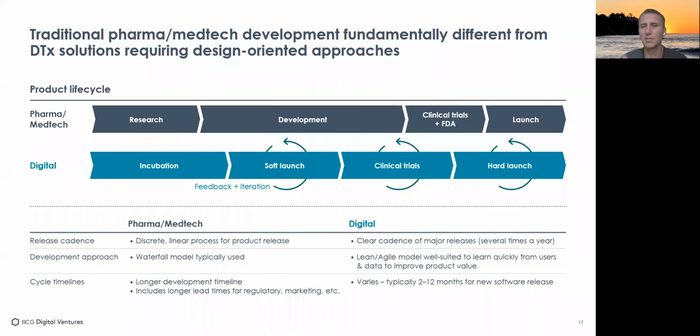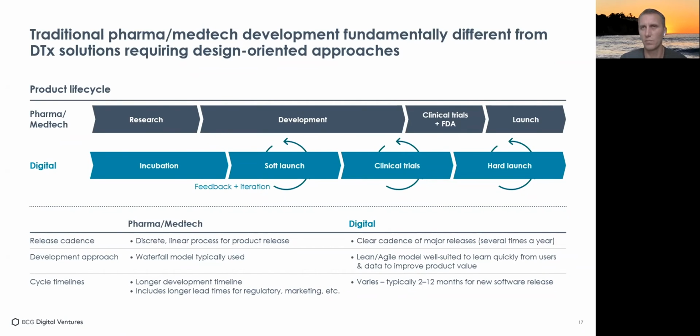As you start to put all these pieces together, it's clear that the development path could be quite different from a standard pharma or medtech development path. If I think about what drug development usually is, there's some portion of research where you identify a molecule. There's early development to do clinical trials and validate that it's safe and that it shows early signs of efficacy.